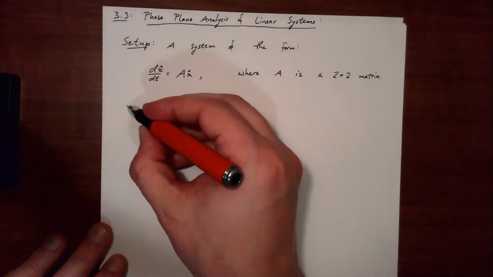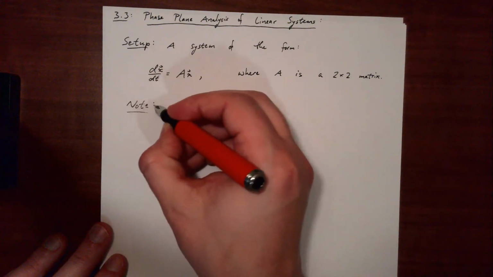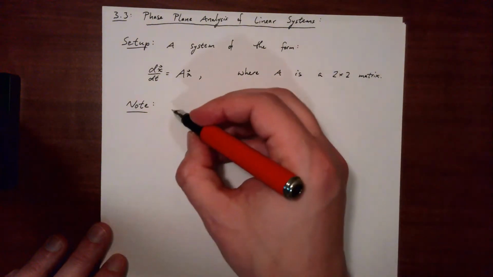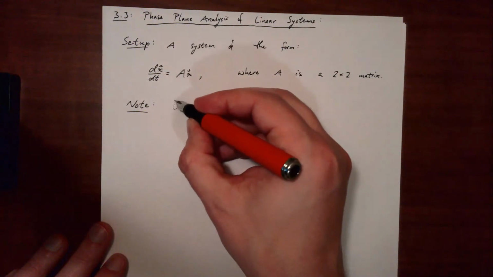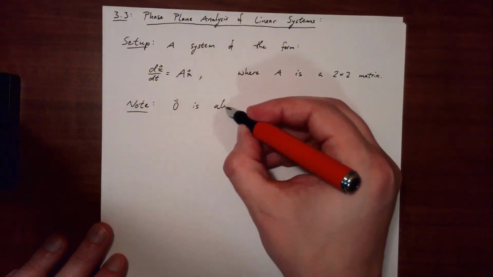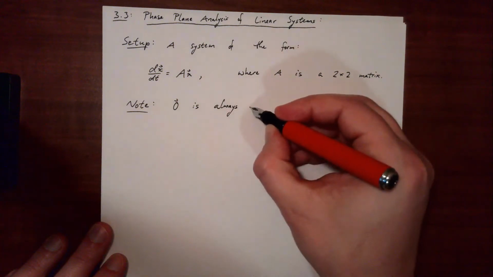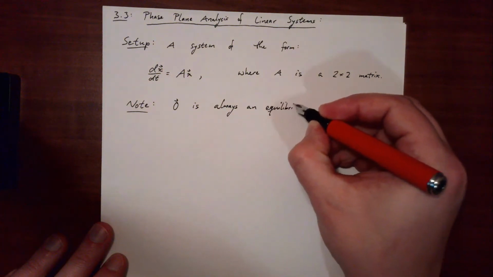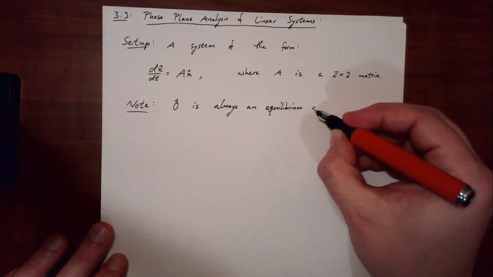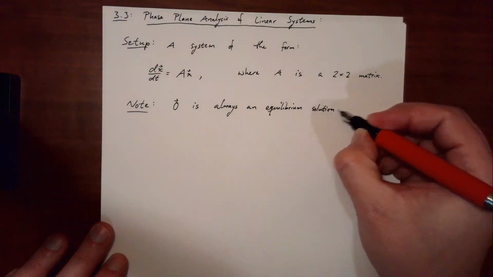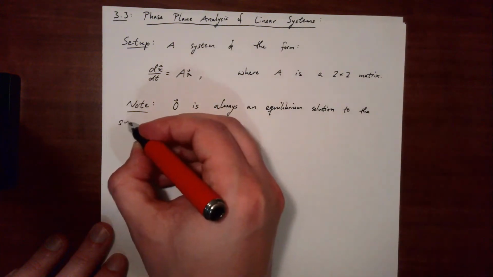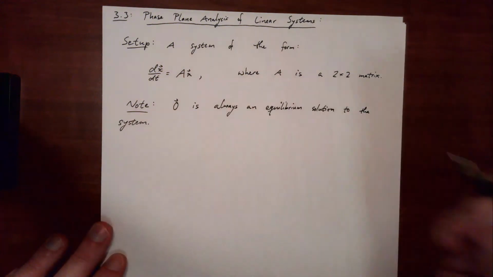Okay, so first off, a note. There will always be an equilibrium solution to systems of this form at the origin. So 0 is always an equilibrium solution to the system.